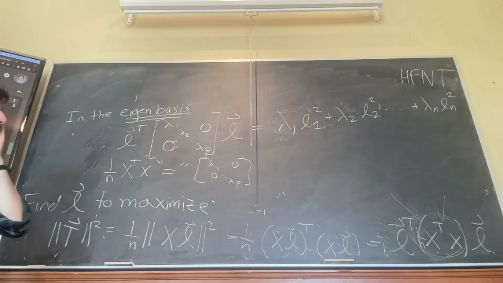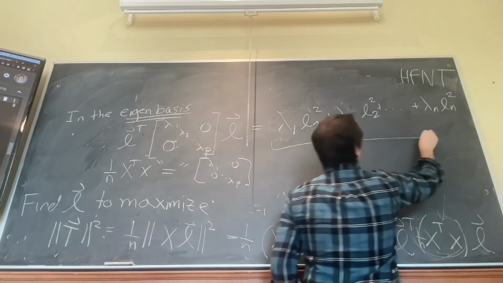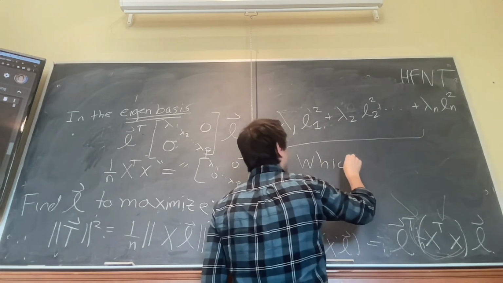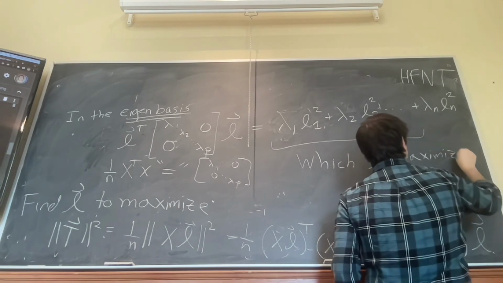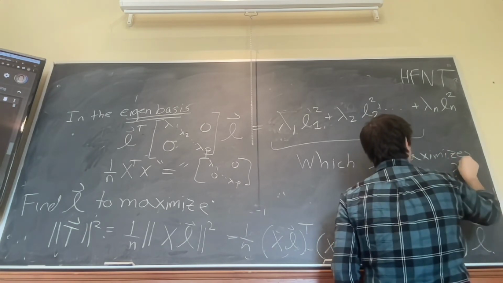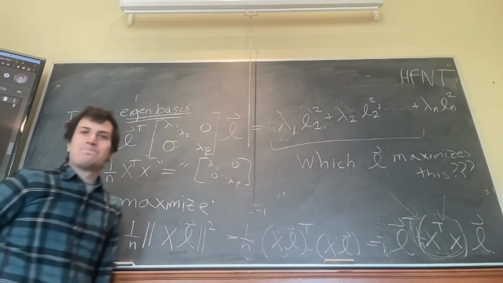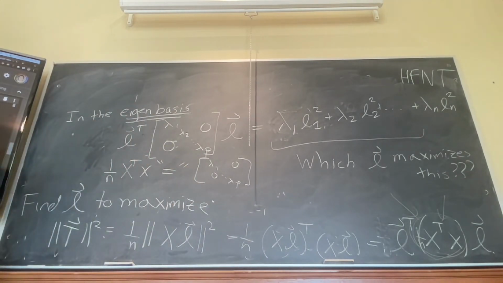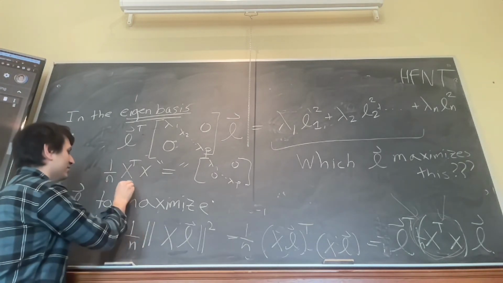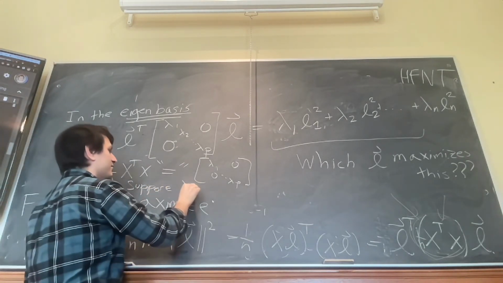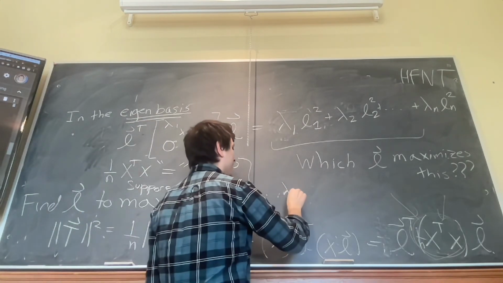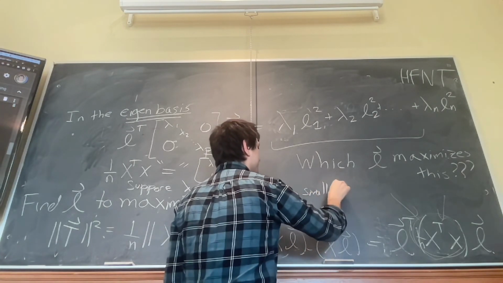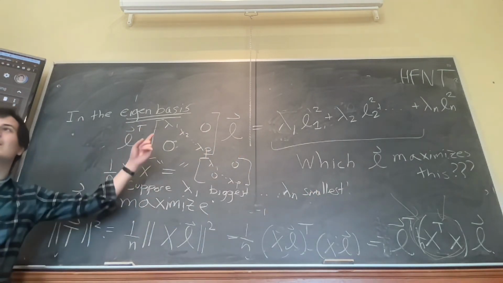So how do we maximize this? Which L maximizes this? Let's make it a little more tractable by supposing lambda 1 is the biggest eigenvalue and lambda n is the smallest, so the eigenvalues are in order.